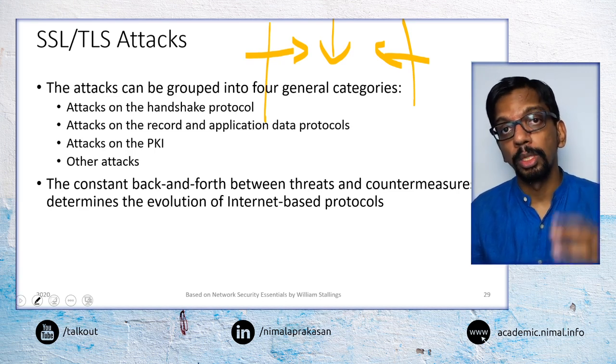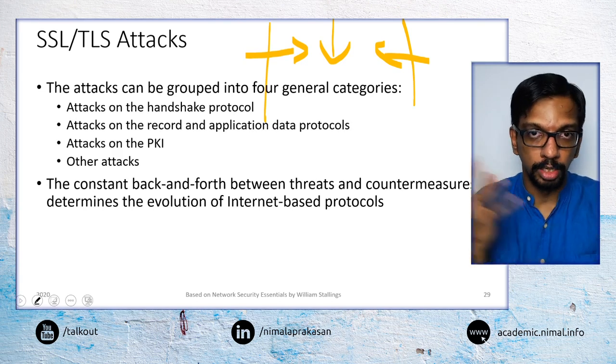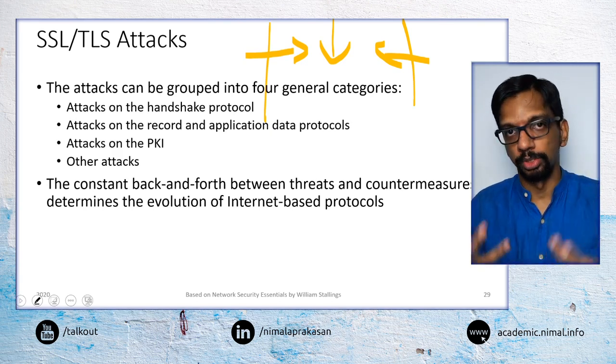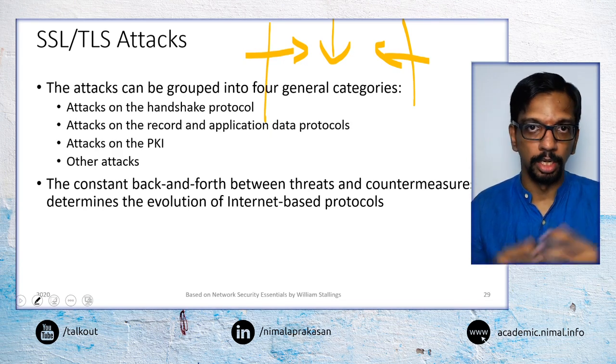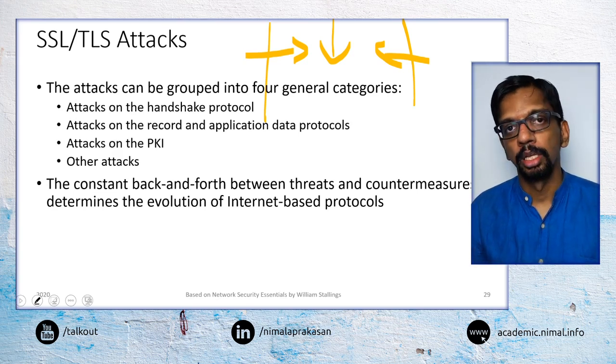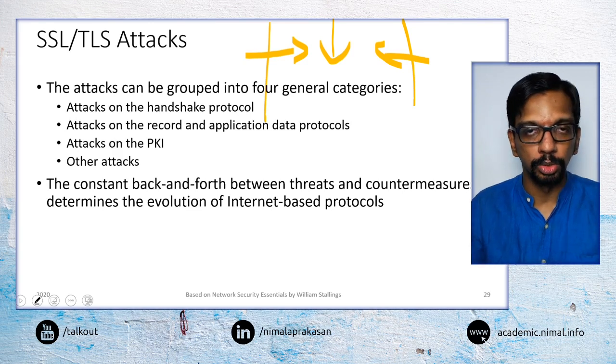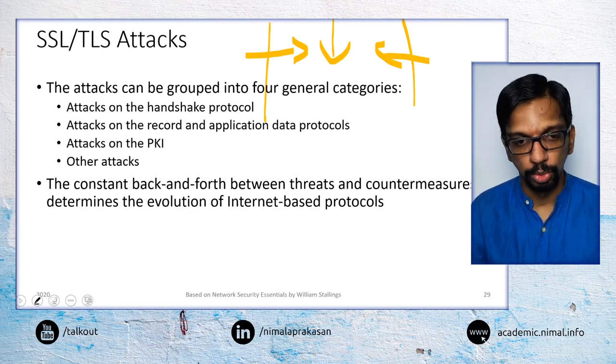There can be attacks on the public key infrastructure itself, the underlying public keys, and if there are any vulnerabilities in those, attacks can be on that. And then there can be some other attacks using the various applications and other vulnerabilities relevant to how these are implemented and used.